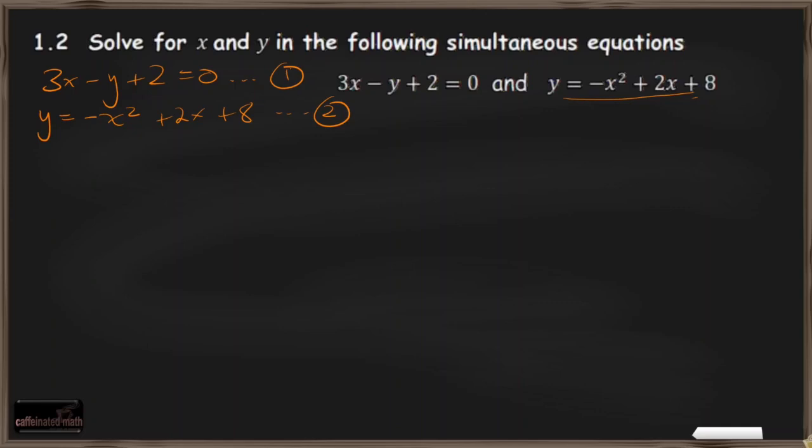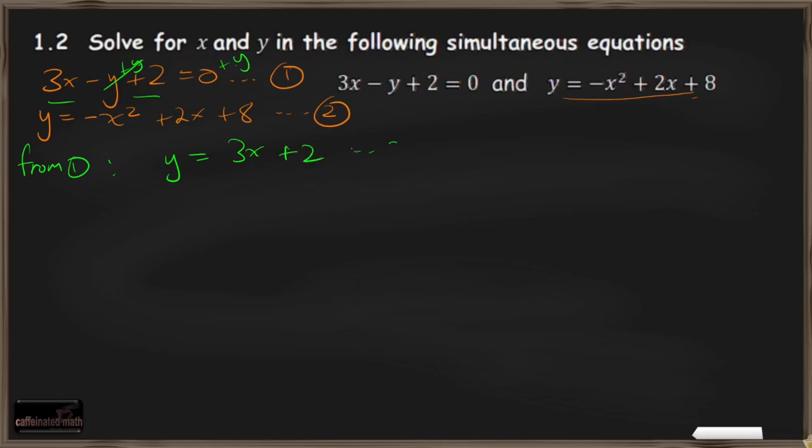So let's get cracking. So from the first equation, what we'll do is we'll add y to both sides, and then as we can see, we will end up with y being equal to 3x plus 2.